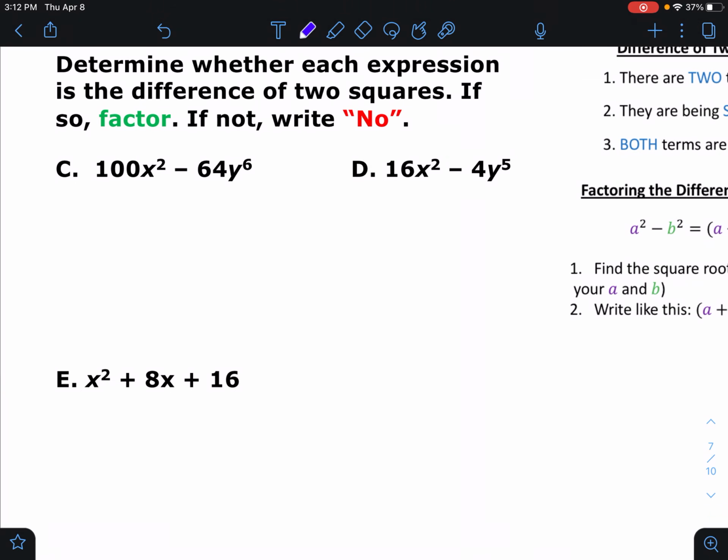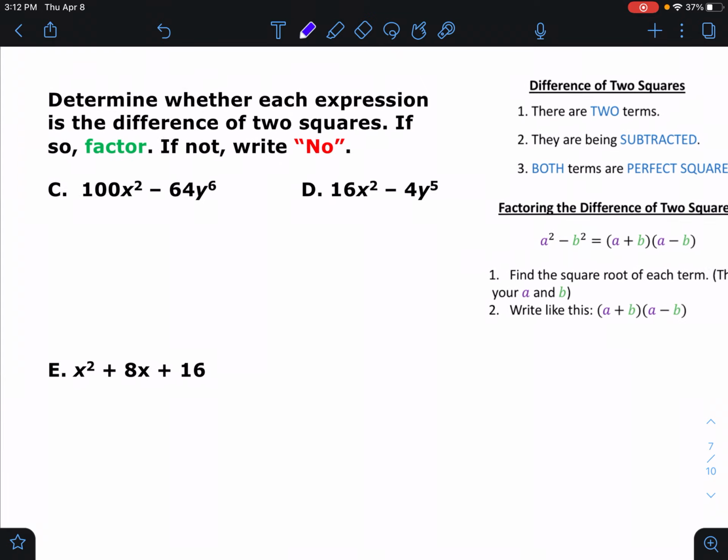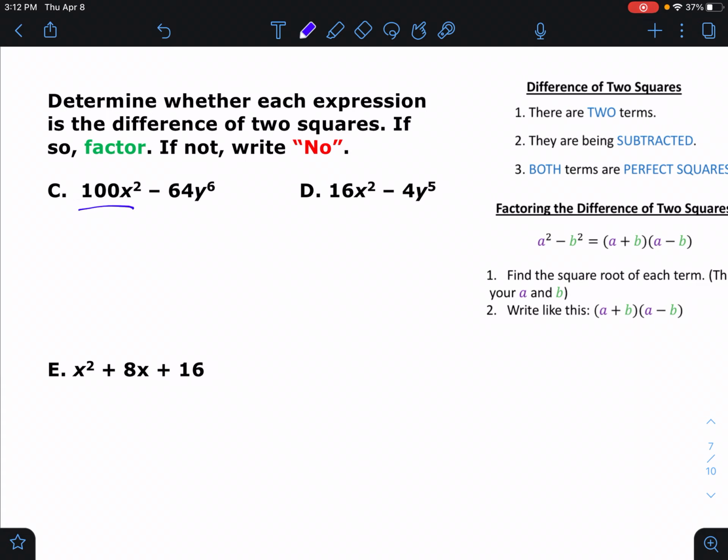X to the second, even power. 64 is a perfect square. And y to the 6th is even. So yes. Now I'm going to take the square root of this. It would be 10x. What is the square root of this? It would be 8y to the 3rd. Okay, so those are my A and B.